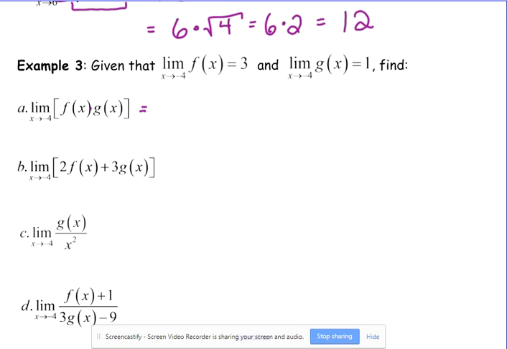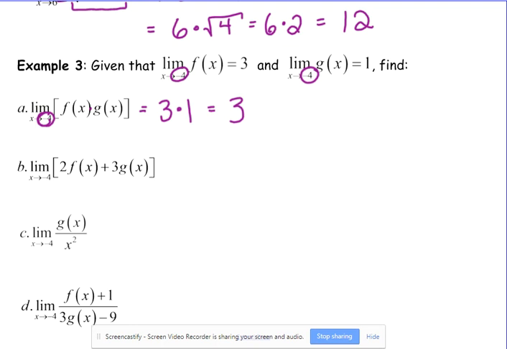You got to make sure that this number matches the number that we're approaching in the given information. They didn't try to trick us here. I have seen them try and trick you, so you got to be careful, make sure they match. But we're just going to multiply the limits. 3 times 1, so this one is still 3.